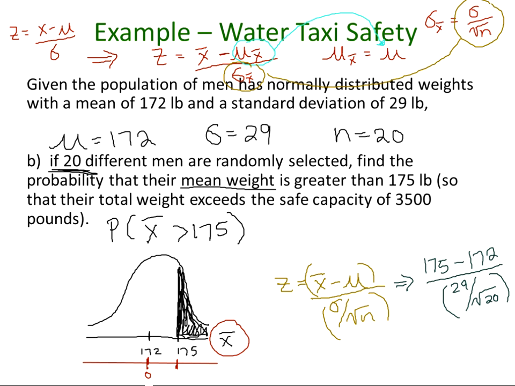All right, so the bottom part of your denominator is the square root of 20. That's going to give you your new z-score. Go ahead and type that into your calculator and tell me what you get. Remember, z-scores are rounded to 2 places.